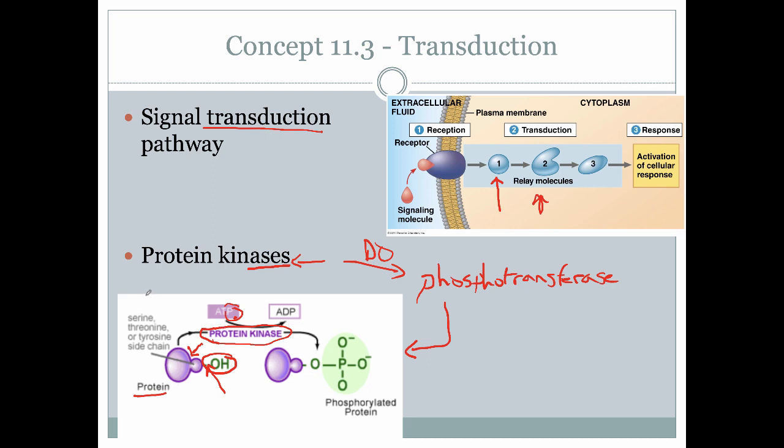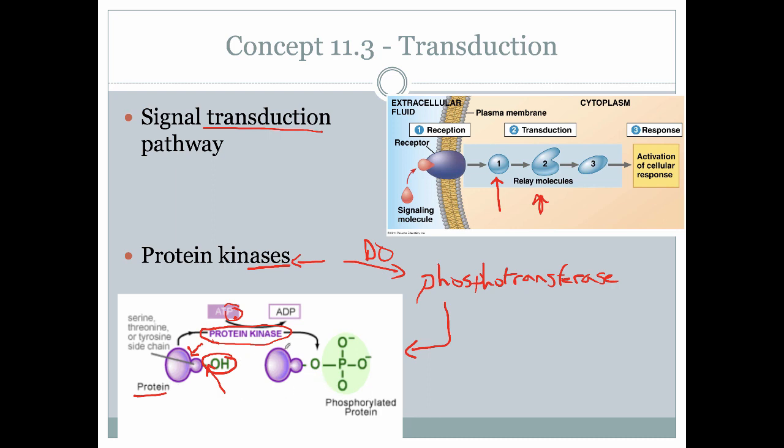So protein kinases act on proteins by doing a phosphotransferase, transferring the terminal phosphate of ATP to the hydroxyl group of either serine, threonine, or tyrosine that is on these proteins. Remember, proteins are made up of 20 different amino acids, and these are three of those. And so all proteins can be phosphorylated if they have these three different amino acids in their polypeptide structure.